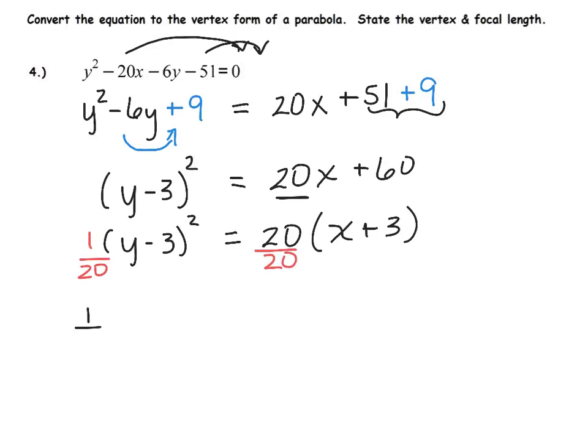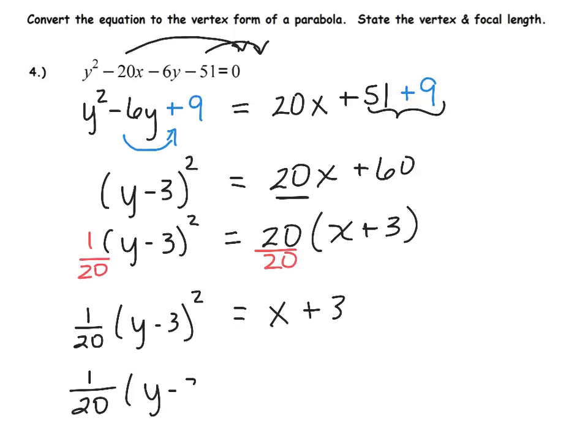So that gives me 1 over 20, y minus 3, quantity squared, equals x plus 3. Now we're almost there. I want to subtract 3 from both sides, so that gives me the equation 1 over 20 y minus 3 squared. Subtract 3, so I'm going to put that 3 on the outside at the end, equals x.